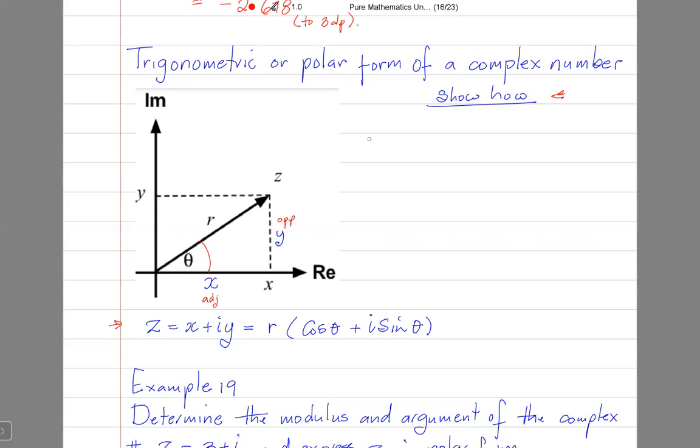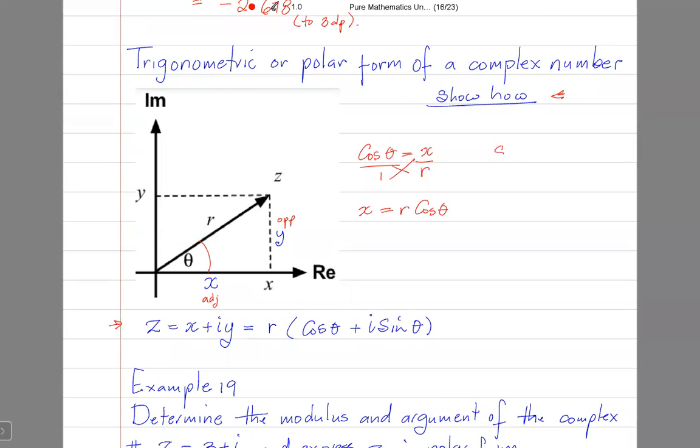First, the cosine of theta. Cosine is adjacent over hypotenuse, so it's adjacent x over hypotenuse r. Now if one fraction is equal to one fraction, to get rid of the fractions, I can cross multiply. So x is equal to r multiplied by the cosine of theta.